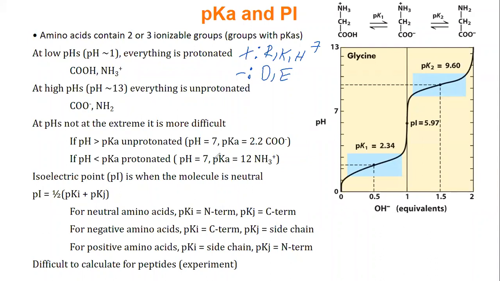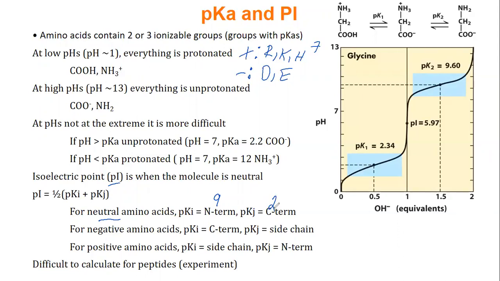pI is the pH at which an amino acid has no charge, right? You can use pIs for proteins as well. They're actually used quite a lot for proteins, but right now we're just talking about amino acids. And the formula for pI is that if your amino acid is neutral at a pH of 7, the pI is simply the pK of the N-terminus, which we're going to say is 9, plus the pK of the C-terminus, which is 2.